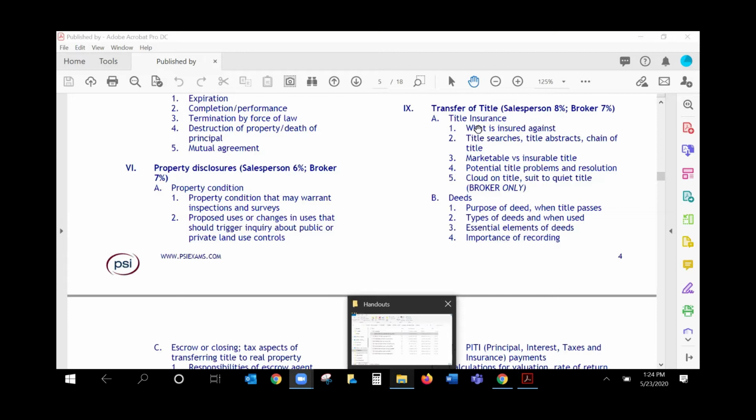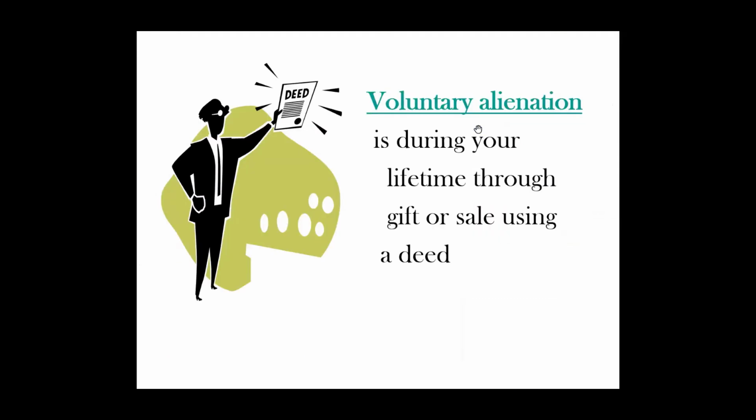So while I'm still alive or when I die, it's in my will, and I say who's going to get the property. So voluntary alienation, as you can see, is during my lifetime, I'm transferring the rights of this property from myself to someone else, either by selling it to them or giving it as a gift, or when I die, I put it in my will and I say my child is going to get the property.